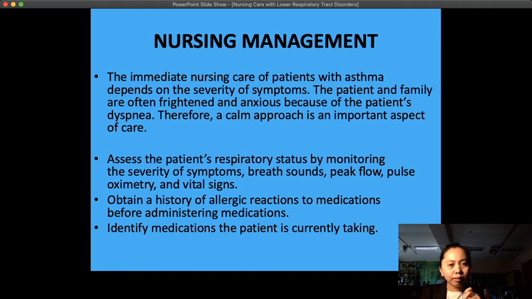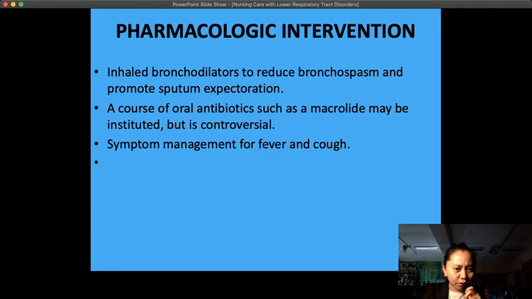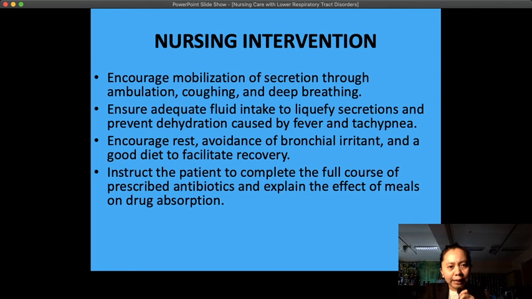Alright, pharmacologic intervention: bronchodilator. And then nursing intervention: encourage mobilization of secretions through ambulation, coughing, and deep breathing. Ensure adequate fluid intake to liquefy secretions and prevent dehydration caused by fever and tachypnea. And then encourage rest, avoidance of bronchial irritants, and a good diet to facilitate recovery.